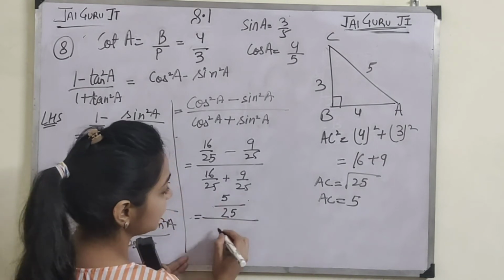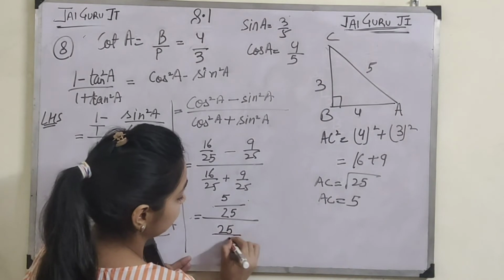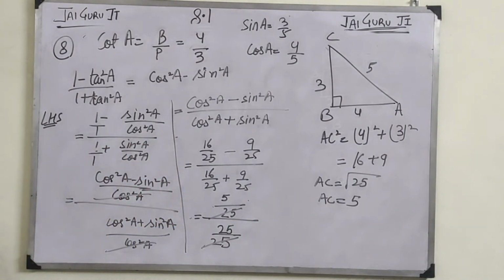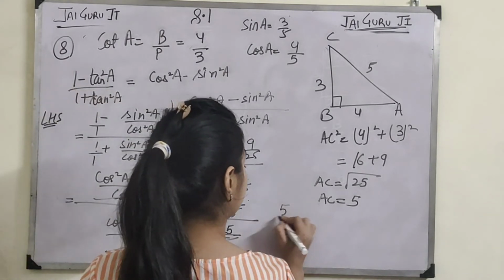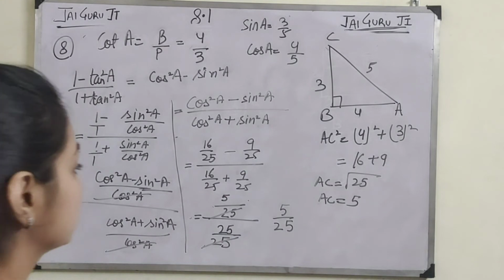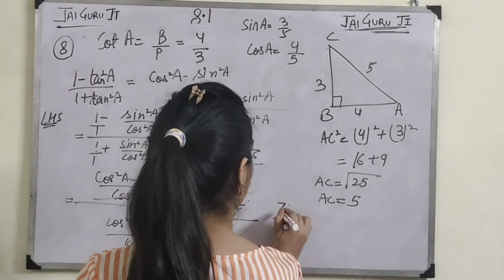Reciprocal, 16 plus 9 is 25. So 25 cancels with 25. What is the answer now? 7/25.